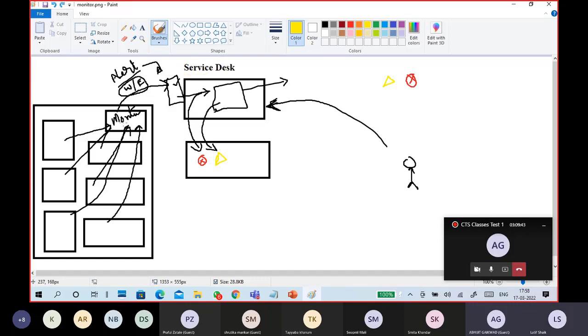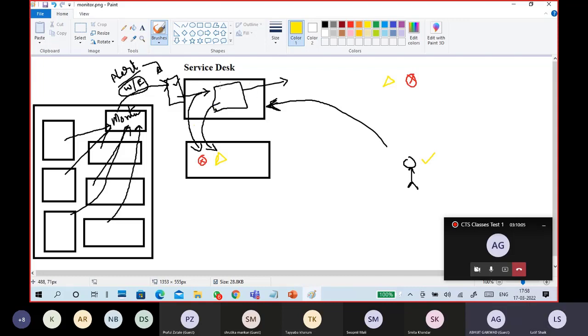One is a monitoring system. Second one is by a user. The user can be an external customer, internal customer, or maybe a public customer. The issue is reported from the user or from an automated system like monitoring and alerting systems.